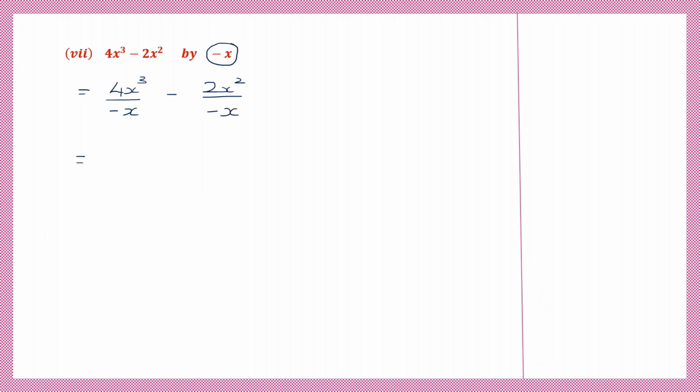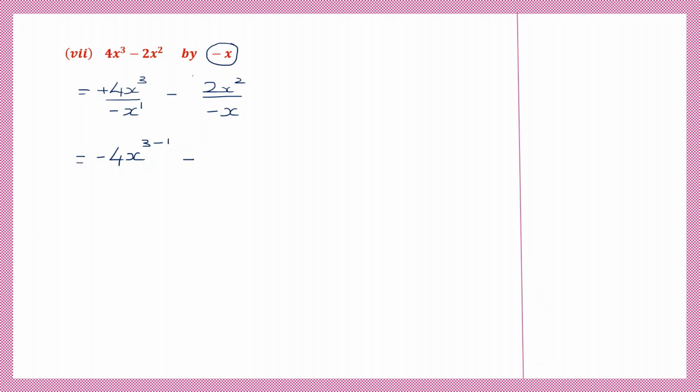So we're going to take each one separately. So here the sign, this is plus, so the sign is going to remain as minus. Now 4 divided by 1 is 4, the sign is minus. Now x to the power of 3, and here we have 1. When it's division, we say 3 minus 1.